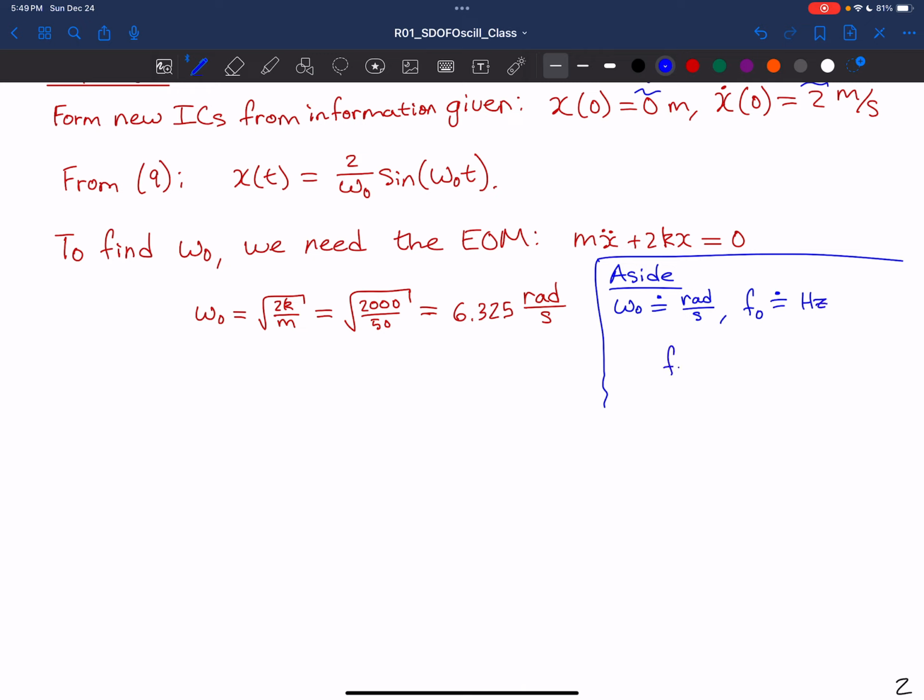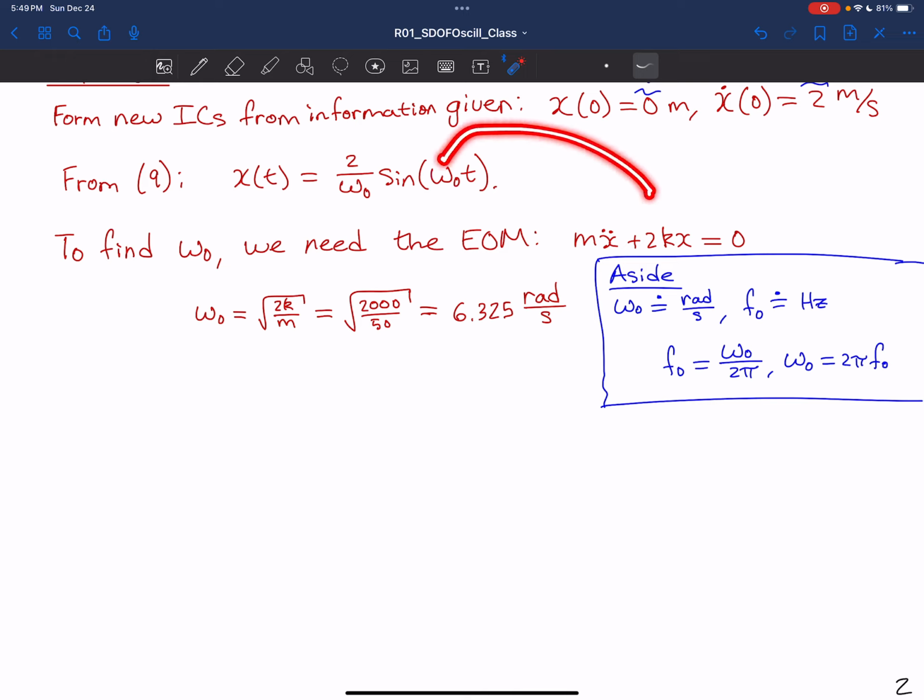And this f0 is equal to omega 0 divided by 2 pi, or omega 0 is equal to 2 pi times f0. So it's very important that you pay attention to the units here and that you use radians per second rather than hertz. Particularly when we come to computing inside of the sine function inside here. We're using omega 0, we're not using f0.